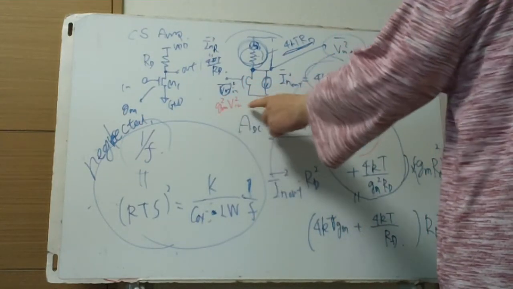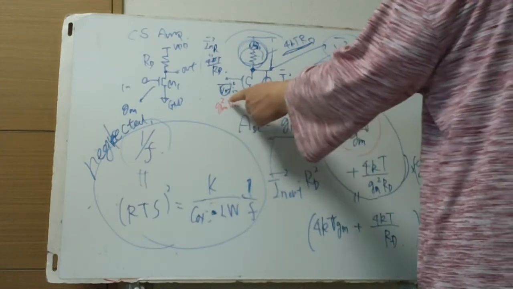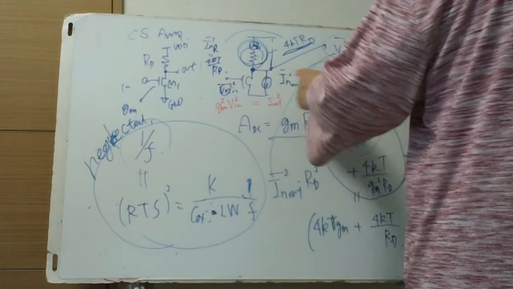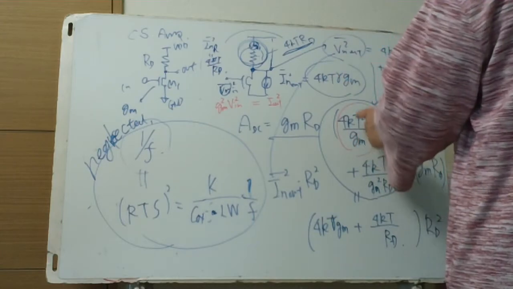If I out squared divided by transconductance squared, that is the input noise voltage squared. So this divided by gm squared is this.